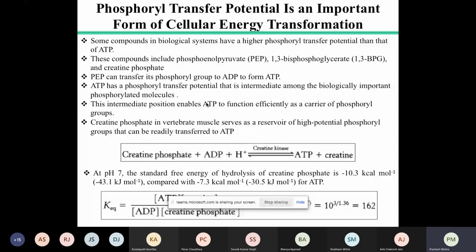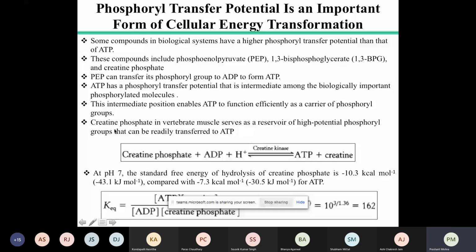That is why ATP has been chosen by the system. Its delta G value in metabolic reactions is of intermediate range, and it can be utilized for the other reactions.